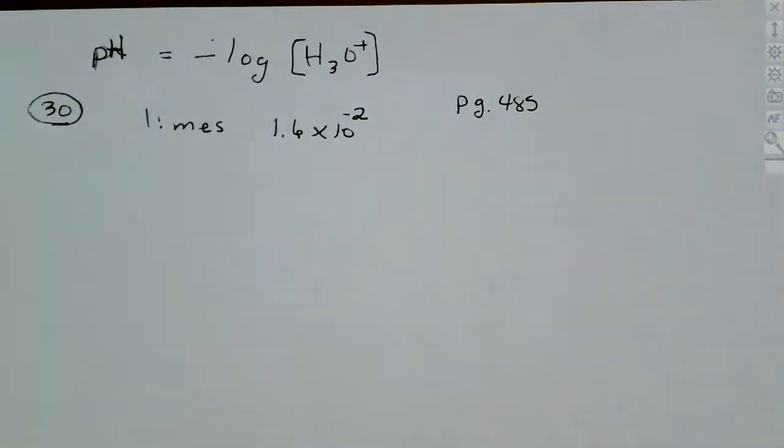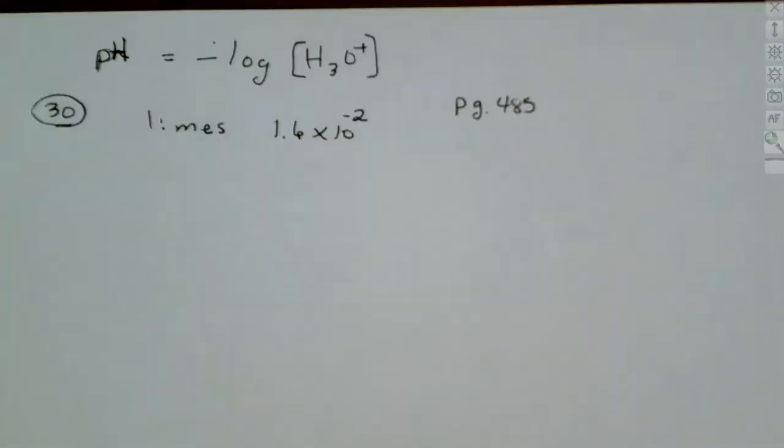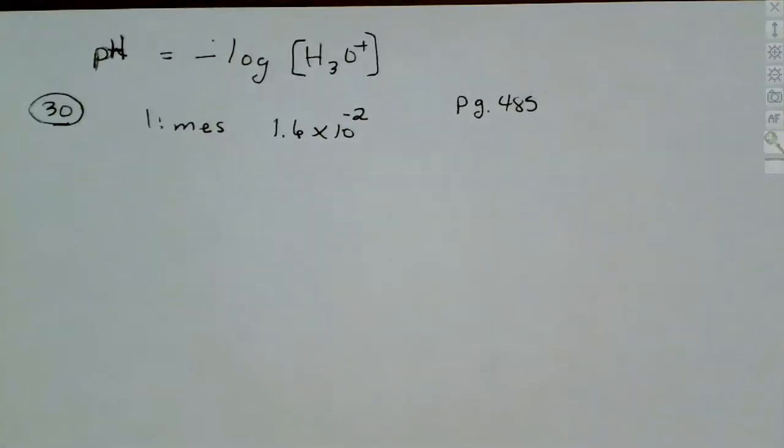Now, what do we think about limes? Limes are pretty acidic, right? So, the smaller the number, the closer they are to 1, the more acidic it is. So where do you think limes would fall? Would they be above 7 or below 7, do you think? Below 7, right? Because limes are an acid. It's going to be fairly close to 1. Not quite at 1, because again, 1 would be something like sulfuric acid or hydrochloric acid.